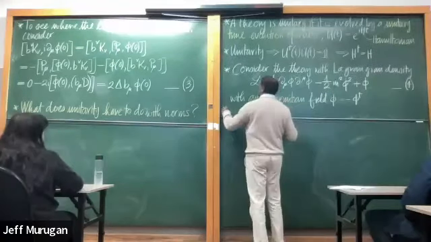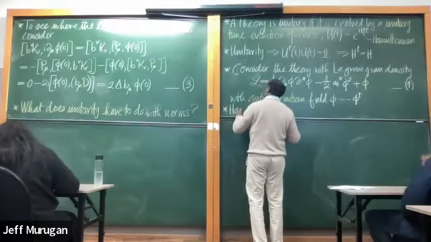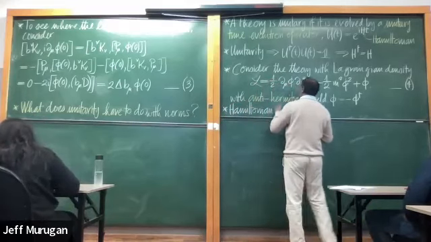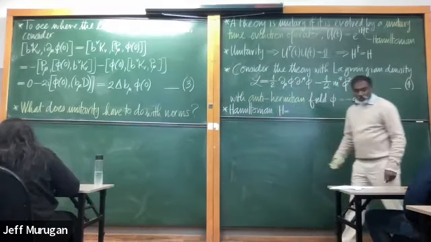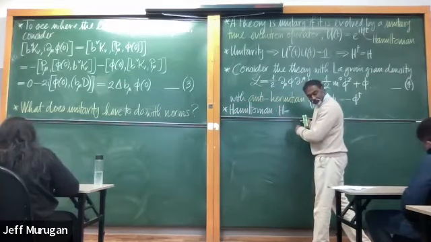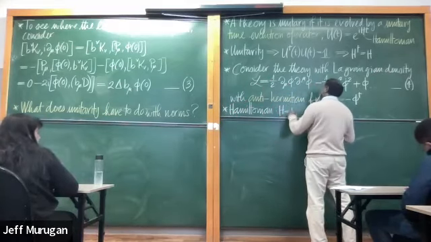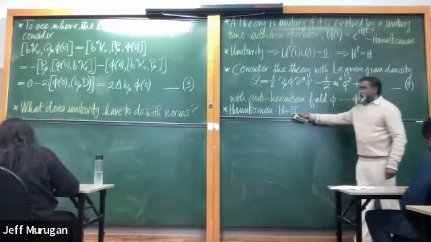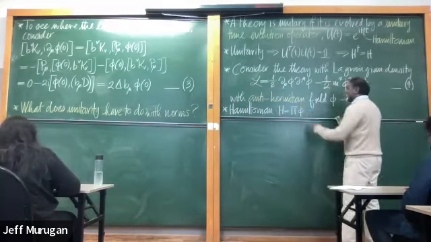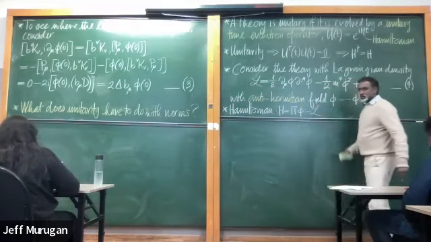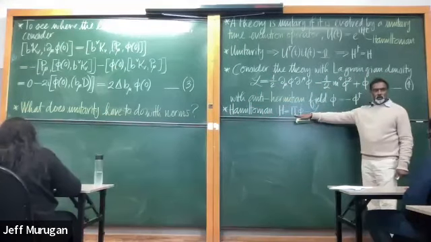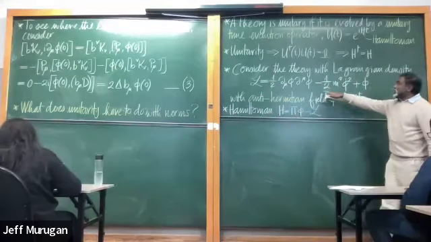The Hamiltonian density for this theory is the momentum conjugate to phi times phi dot, so pi phi dot, minus the Lagrangian density, right? This pi I get by taking the derivative of the Lagrangian with respect to phi dot.